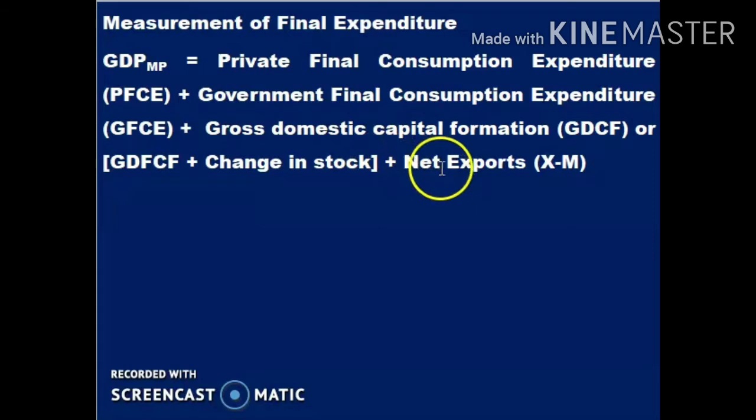Another component is net exports; if not given directly, export and import will be given, so you subtract and find. Then you get GDP MP. Hope you understood. We can go to the problems.